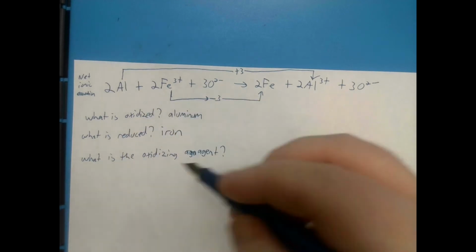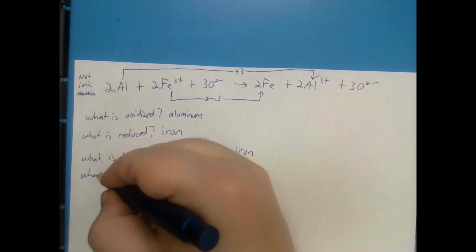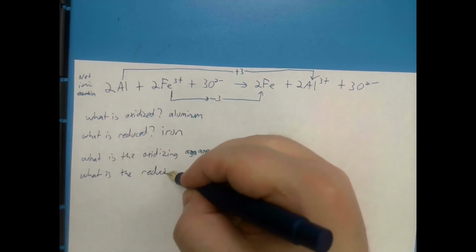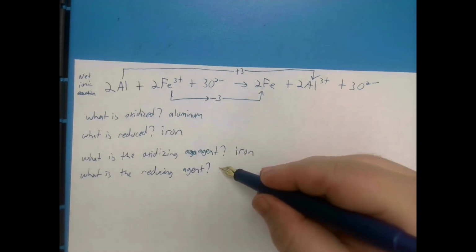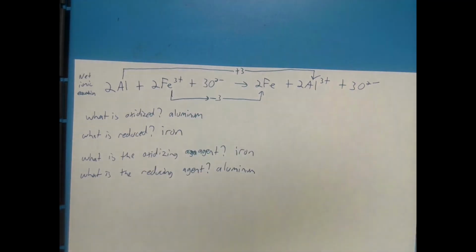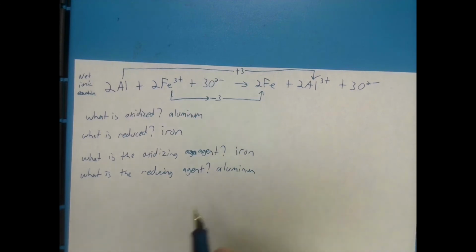No, iron is oxidizing aluminum. What is the reducing agent? Aluminum. Aluminum is reducing iron. The reason why iron is reduced is because aluminum is reducing it.